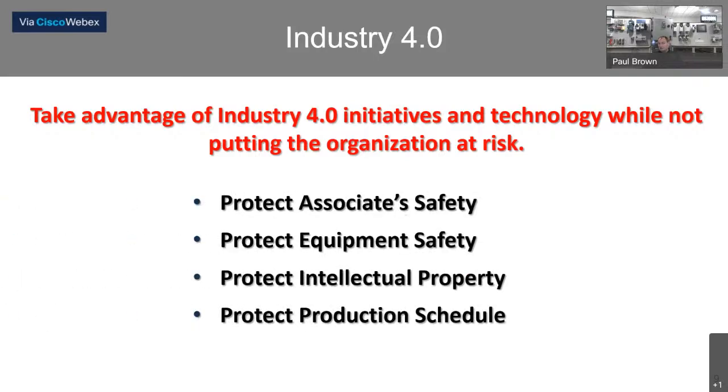We need to protect our associates' safety, protect our equipment safety, protect our intellectual property, and protect our production schedules to make sure that we don't have any unnecessary downtime, we don't injure any of our employees, we don't damage any of our equipment due to either a malicious act coming in from the outside or even an accidental introduction of unnecessary network traffic that could cause issues in how our machine operates.